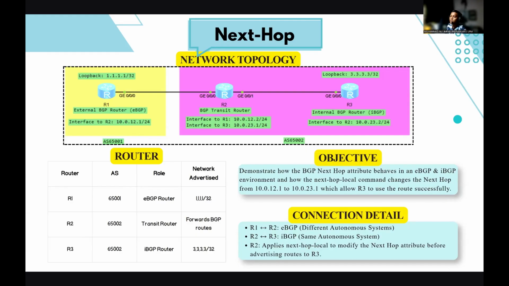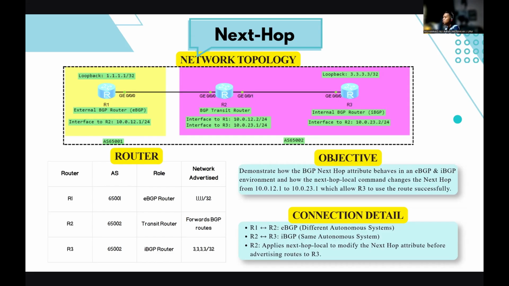So they have different autonomous systems. Router 1 acts as the eBGP router and router 2 acts as the transit router between eBGP and also iBGP. For router 3, it acts as the iBGP router.